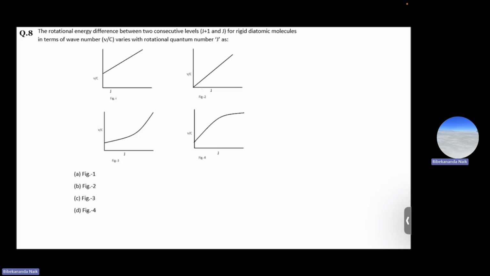So these are the options, figure 1, figure 2, figure 3 and figure 4, and we need to find out the correct option. This is an interesting question, so we will solve how we can relate it to the graphs presented here. I'll give you a few minutes and then we will discuss the correct answer.